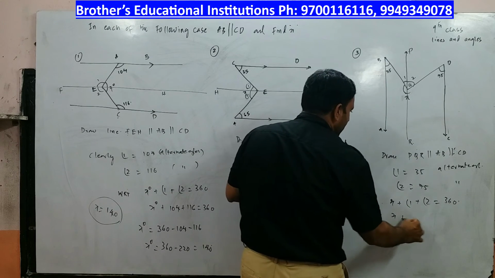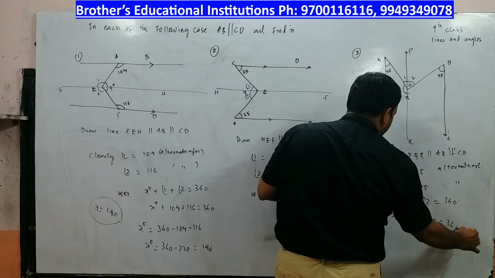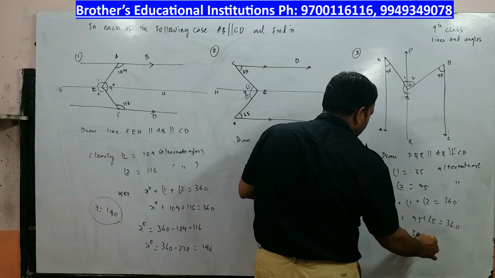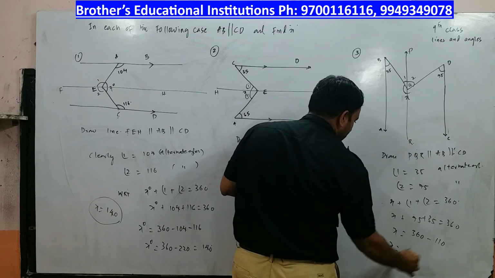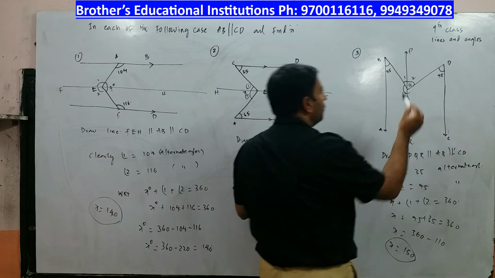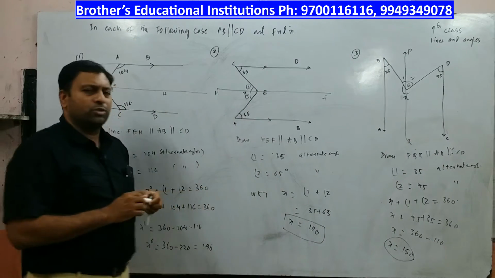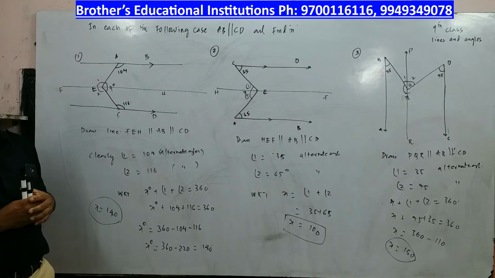So X plus 75 plus 35 is equal to 360. X is equal to 360 minus 110. So what is X equal to? 150. So that is how you will find. I am sure you have understood the concept of alternate angles and corresponding angles.